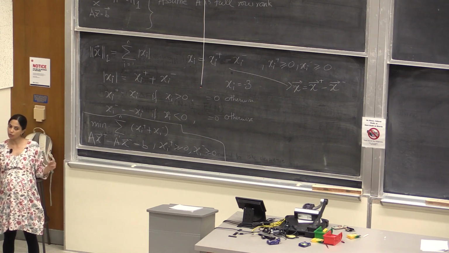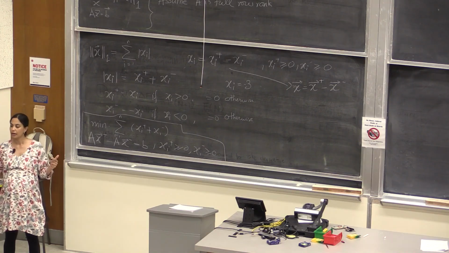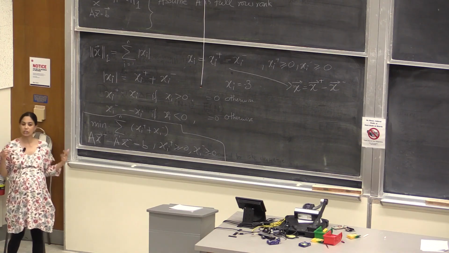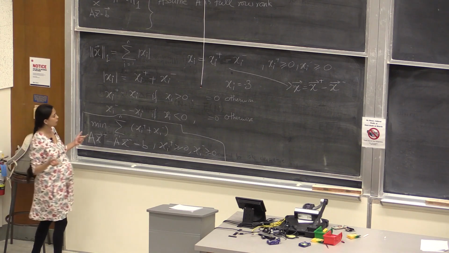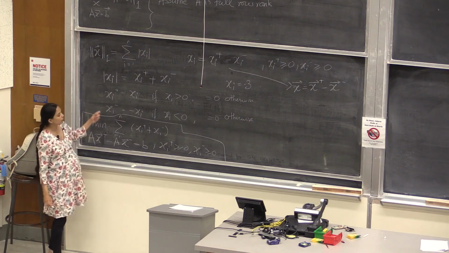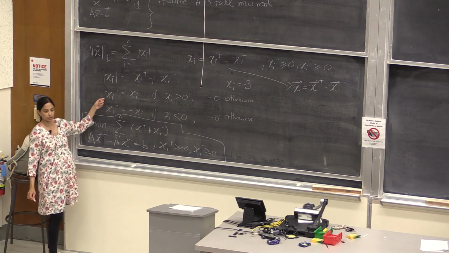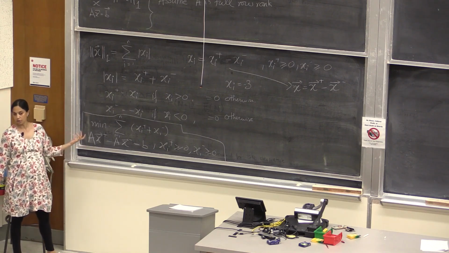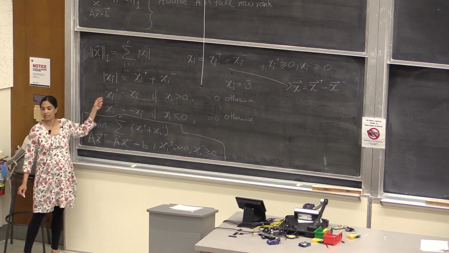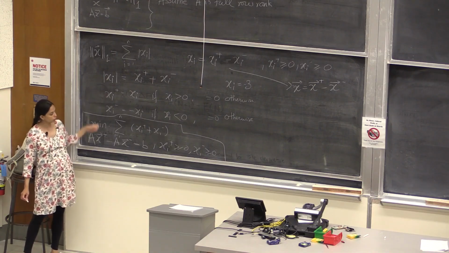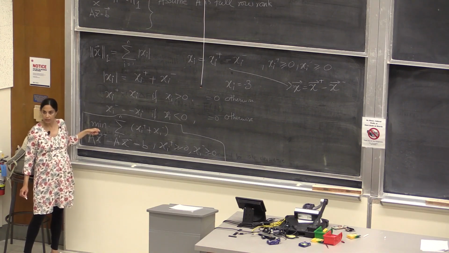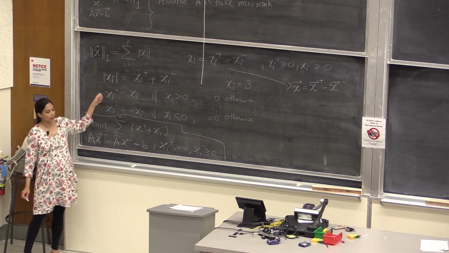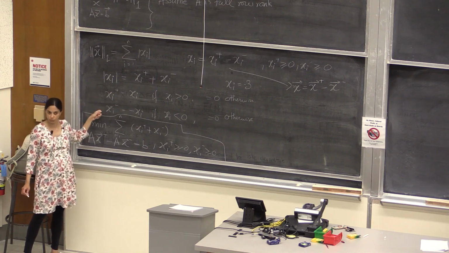So how do we guarantee that those constraints are actually satisfied? How do we know that we're always going to end up with xi plus or xi minus being equal to 0, or xi itself? How do we know that this is actually going to be satisfied? Because this is true only if you choose xi plus and xi minus according to these rules.